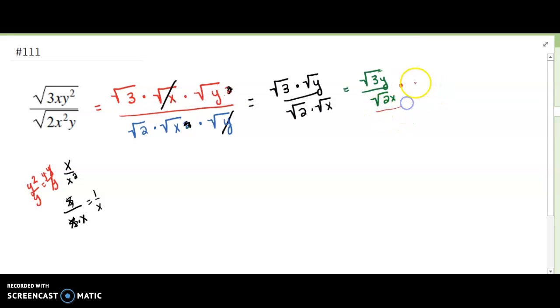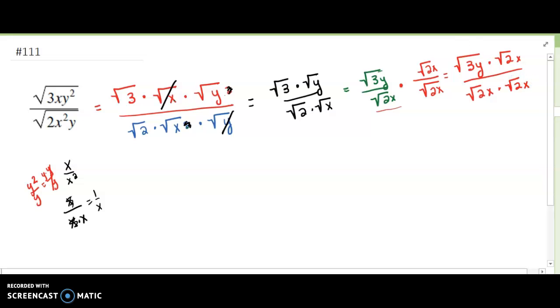So I'm going to multiply by square root of 2x over square root of 2x. Okay, when I do, I get square root of 3y times square root of 2x over square root of 2x times square root of 2x.